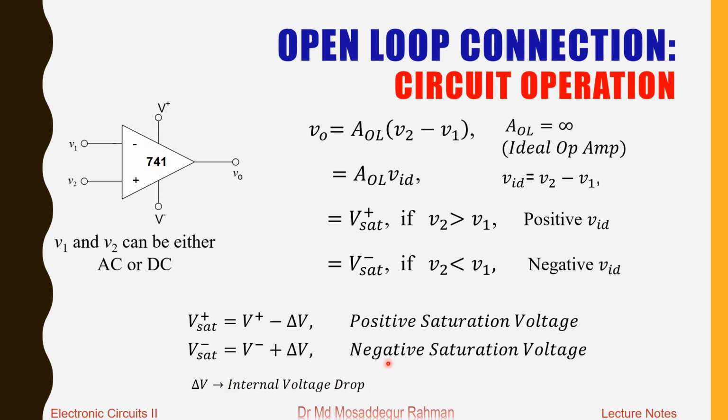That is called the internal voltage drop. So that is the operation mechanism of the op-amp in open loop connection, and from that we understand that in open loop connection we can have two output voltages, the positive maximum and the negative maximum, which are called the saturation voltages.